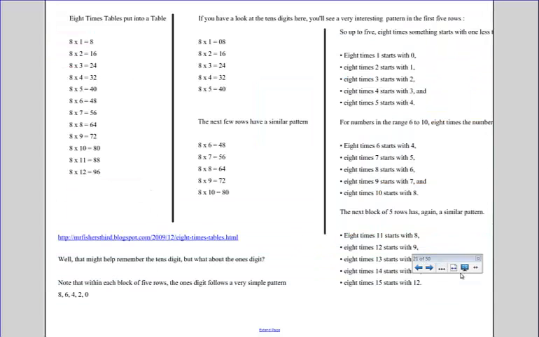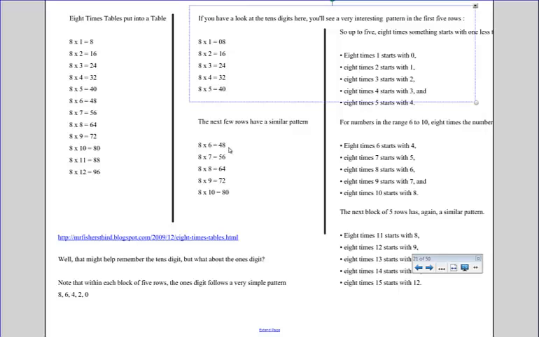Here's another couple of my tricks. Actually, I'm just going to show you this pattern. If you look at the very end number, so I'm going to center right here. If we look there, we have in the ones place 8, 6, 4, 2, 0. And in the tens place we have 0, 1, 2, 3, and 4. What happens?